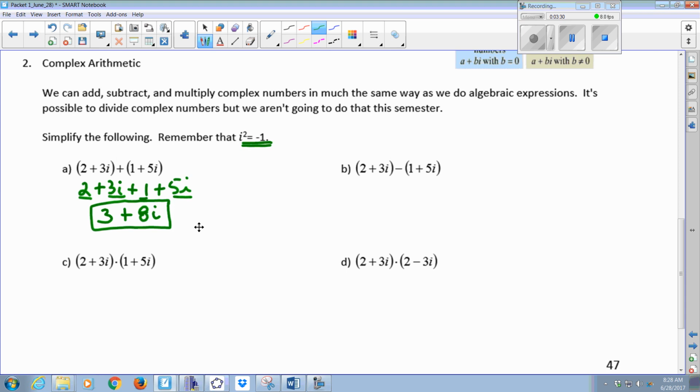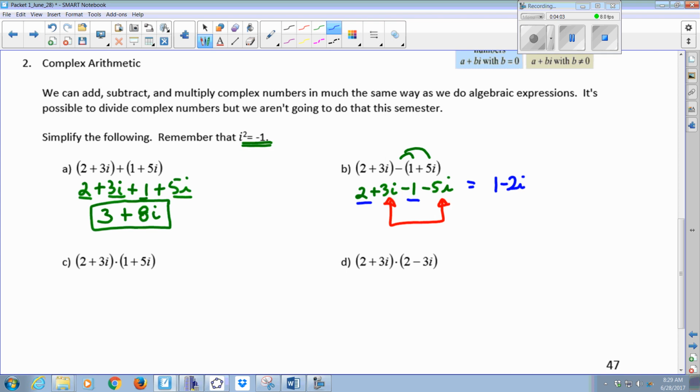Subtraction is similar, but in this case, when we drop the first parentheses, we get 2 plus 3i, but now we have to remember to distribute that negative sign, the subtraction sign, through. So we have now 2 minus 1 will give us 1, and then 3i plus minus 5i gives us minus 2i.